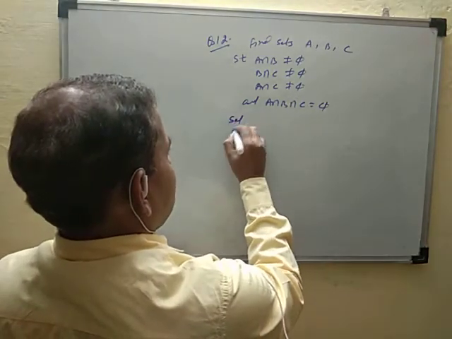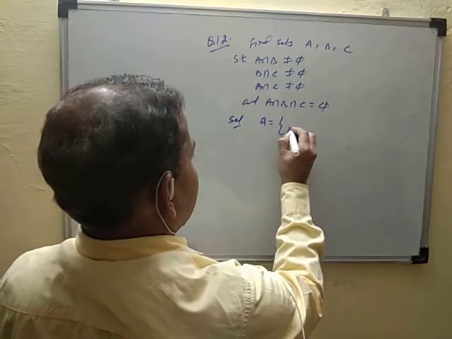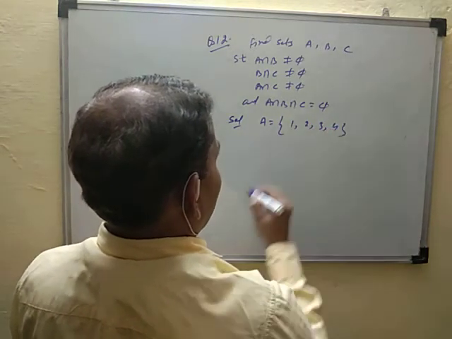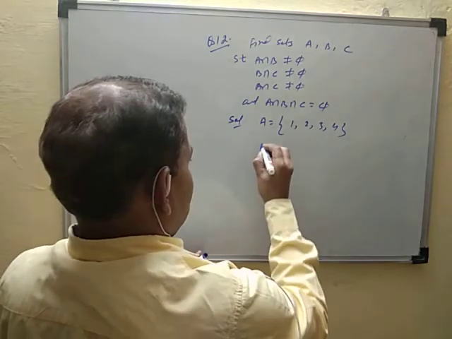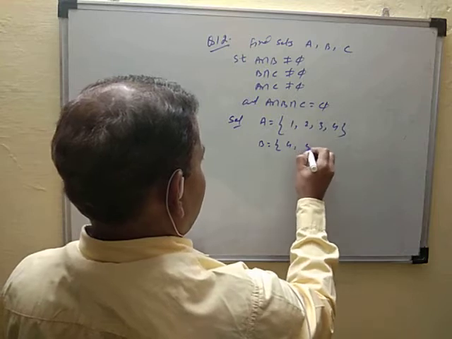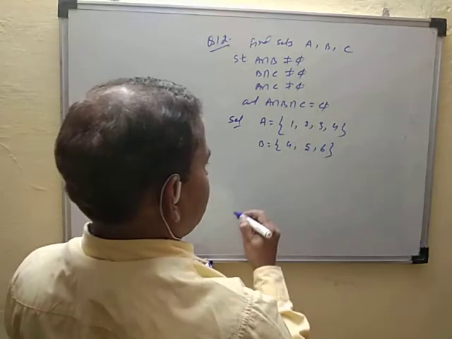So solution: A is equal to, suppose, 1, 2, 3, 4. Now suppose B is equal to 4, 5, 6.